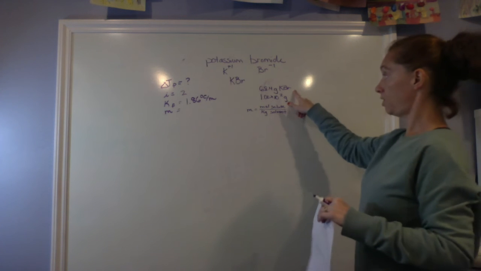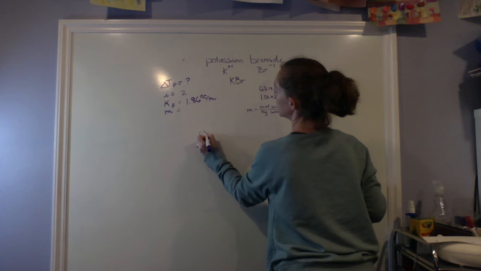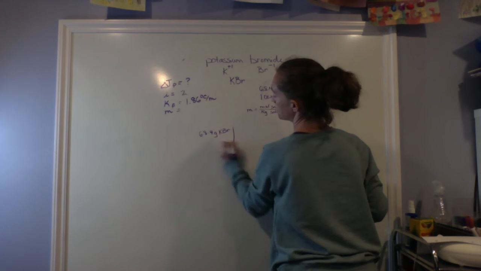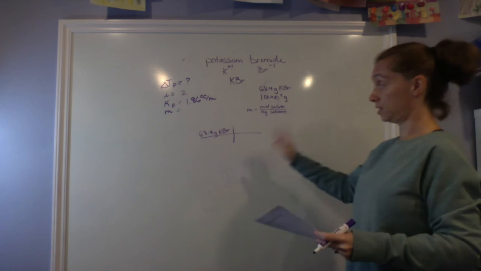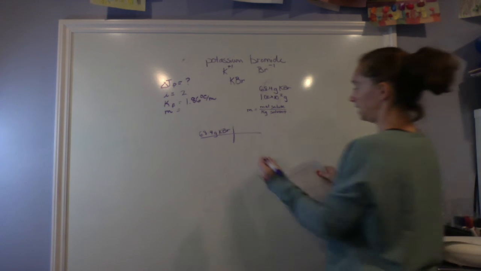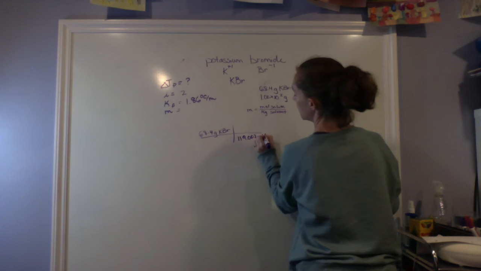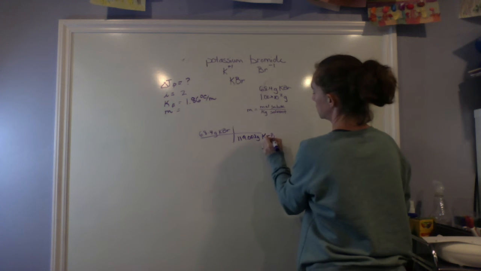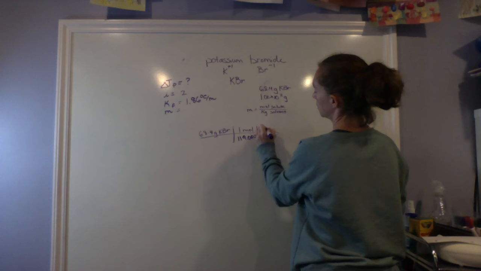So let's start with our grams of KBr. We have 68.4 grams of potassium bromide, and we want to know how many moles that is. So just stoichiometry, real simple. We would find the molar mass of KBr, which I'm going to do for you. 119.002 grams of KBr is 1 mole of KBr.